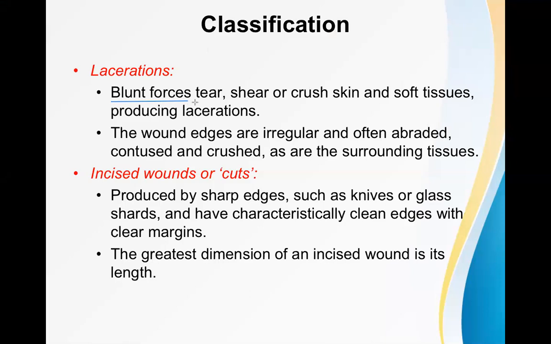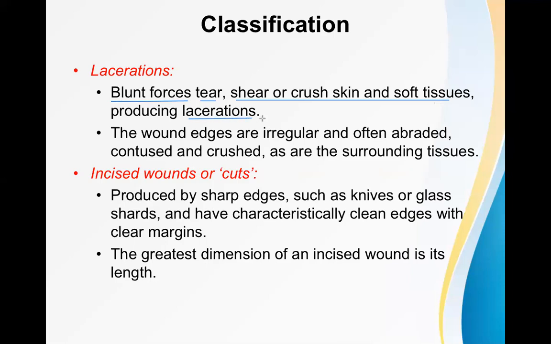Probably if that stone is a relatively pointed one, the edges are not very sharp. I'm not saying that, but the edges are a bit sharper than other types of force. Then they can tear the skin, they can shear or crush the skin as well as soft tissue, and this type of wound is called laceration.